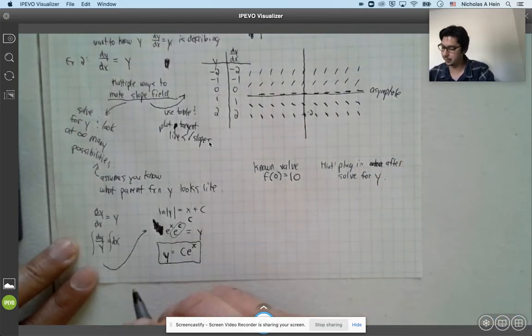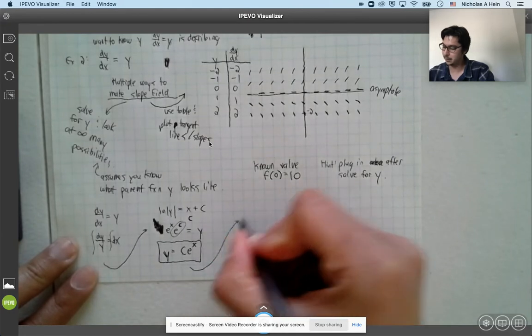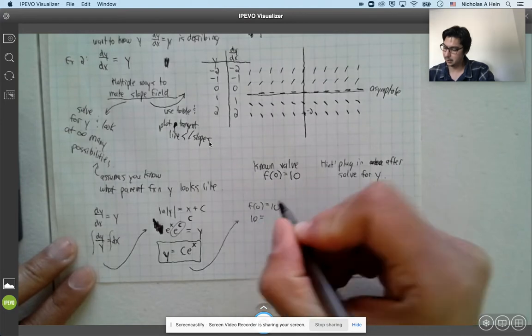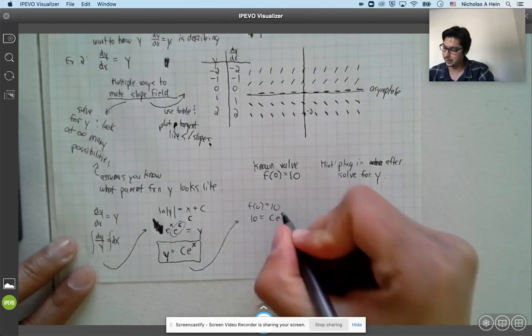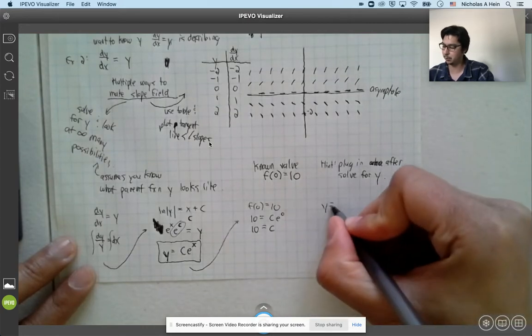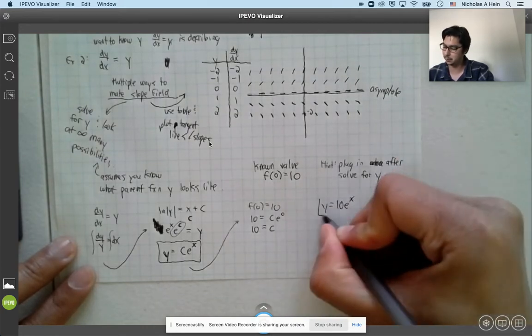If we do that here, we would get 10. So if f of 0 equals 10, then 10 is equal to c times e to the 0, which implies 10 equals c. Thus, we got the equation y equals 10 e to the x.